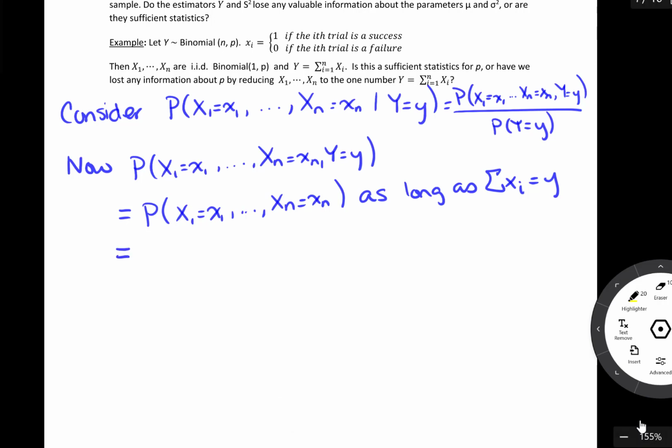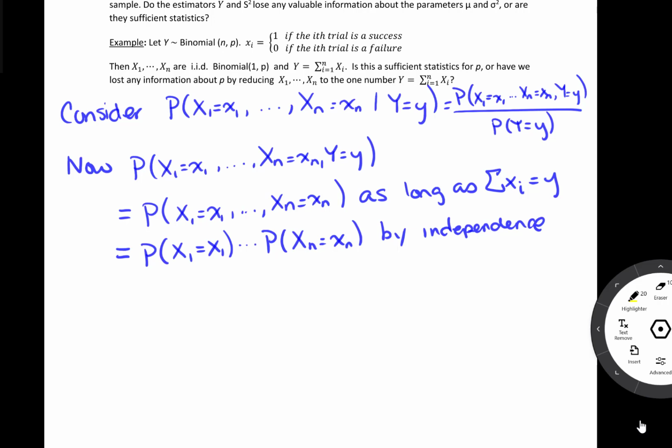Now further, we've assumed that the x's are independent from one another. So notice this is equal to the following. Okay, so now let's actually substitute in what these probabilities are.